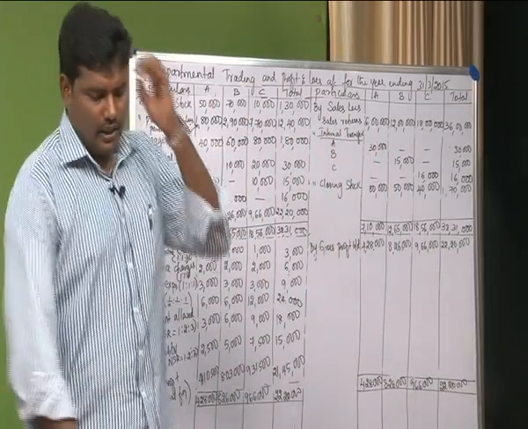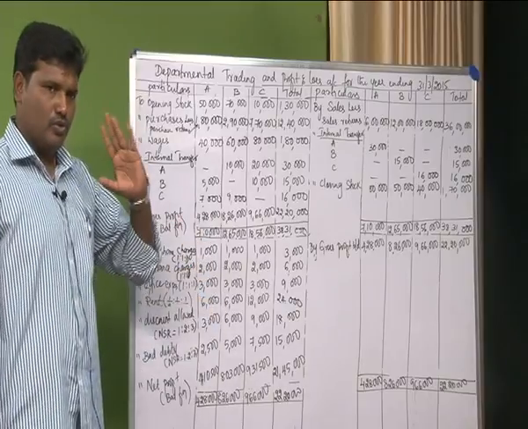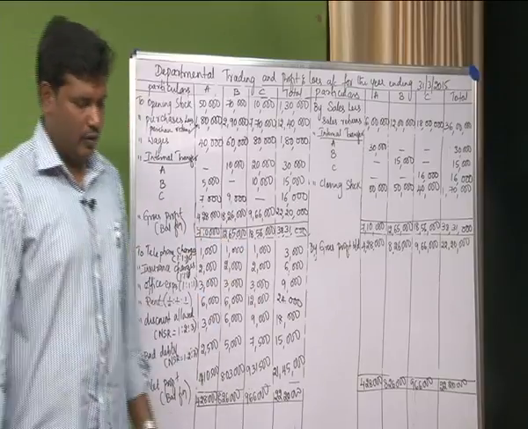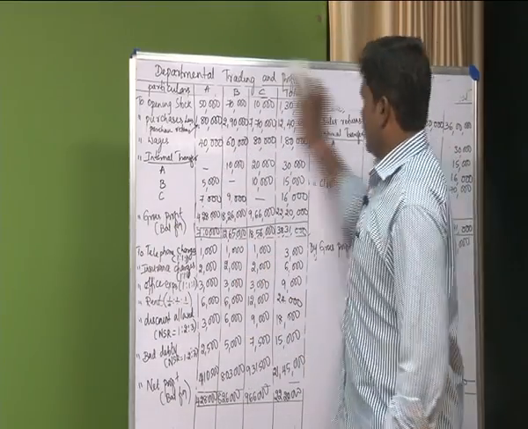And the expenses which cannot be allocated in the departmental trading account, we will transfer to the general profit and loss account. Come, within 2 minutes we will write the general profit and loss account.